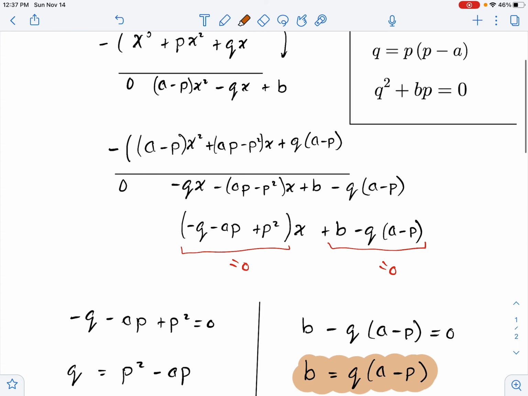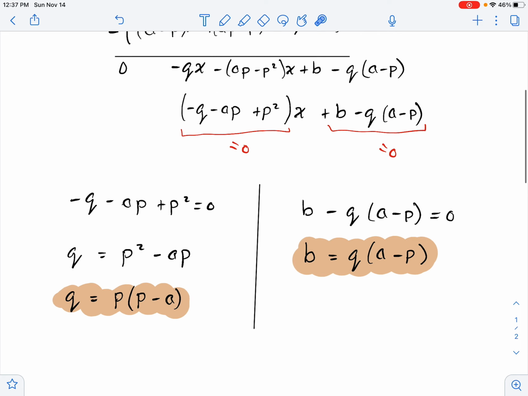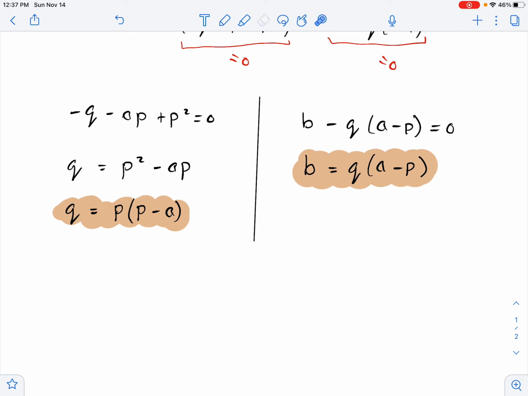And then finally, the last thing we're asked to show is that q squared plus b times p equals 0. What I notice about that last part is that there's no a here. And so what I think I will need to do is rearrange in terms of a, solving for a on one side here, and then substitute it into the other equation.